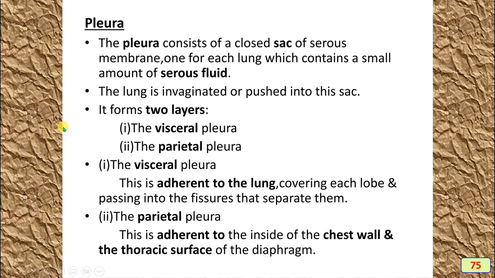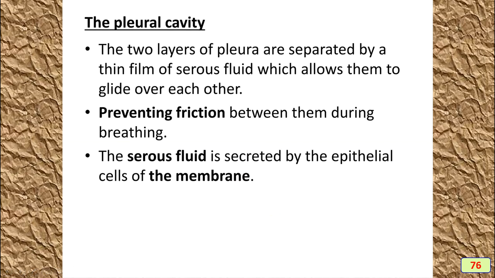This is adherent to the inside of the chest wall and thoracic surface of the diaphragm, and the pleural cavity is the one because the lungs are always covered with a very thin membrane for protection and also for the cushion effect. So it prevents friction between the lungs during the respiratory phases, and the serous fluid is continuously secreted by epithelial cells of the membrane.